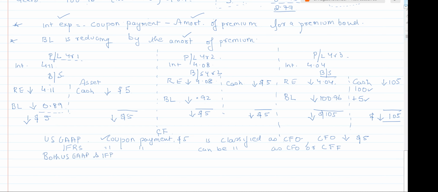And under both US GAAP and IFRS, guys, what happens is that at the time of issuance, the issuer receives these bond proceeds, right?